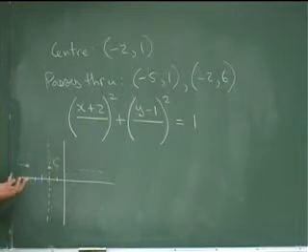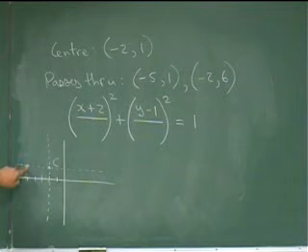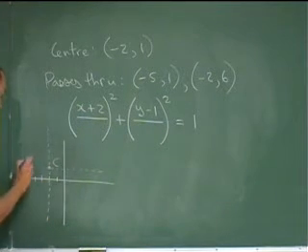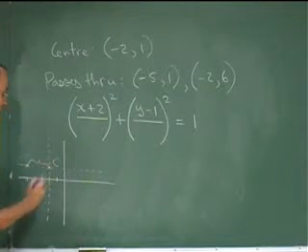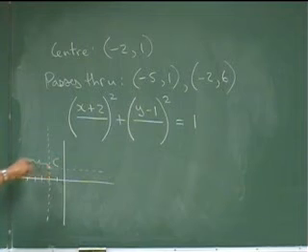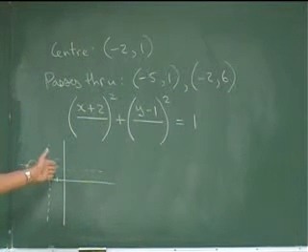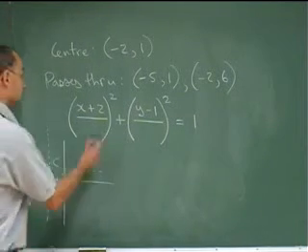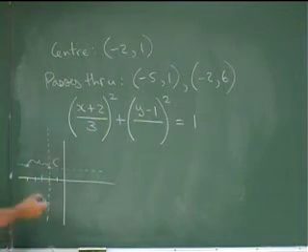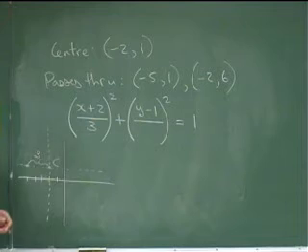Well, what does that tell me? If that's a point on my ellipse, it just told me in the x direction how far we moved to the left. We went from a center at -2 and we moved over to -5. So we moved over 3. So I got that just by looking at the picture. That's not too bad.